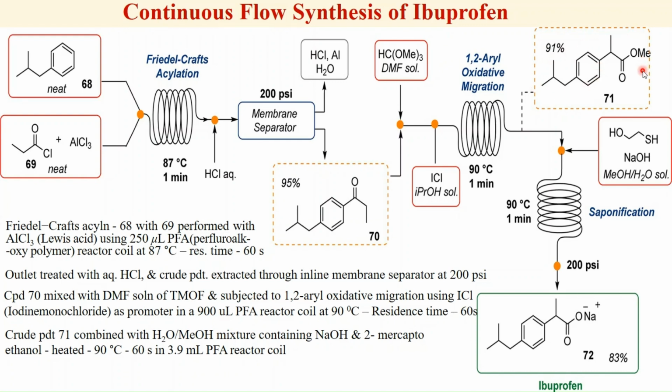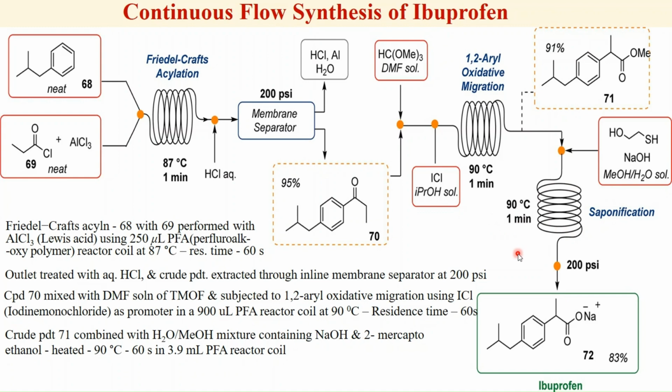The crude product in the form of ester was combined with methanol water mixture containing sodium hydroxide and 2-mercaptoethanol, which was heated at 90 degrees centigrade in a PFA reactor coil for 1 minute.